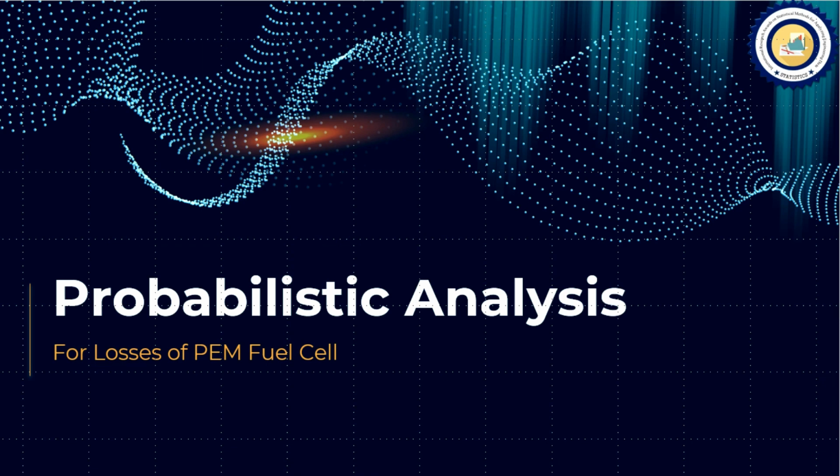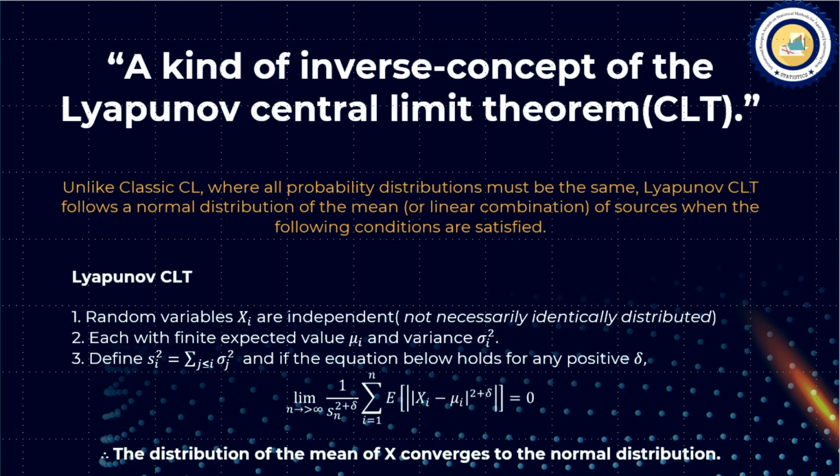The method presented here is developed based on independent component analysis, a method that separates multivariate signal into statistically independent subcomponents. In order to understand independent component analysis well, it is important to be familiar with the central limit theorem.